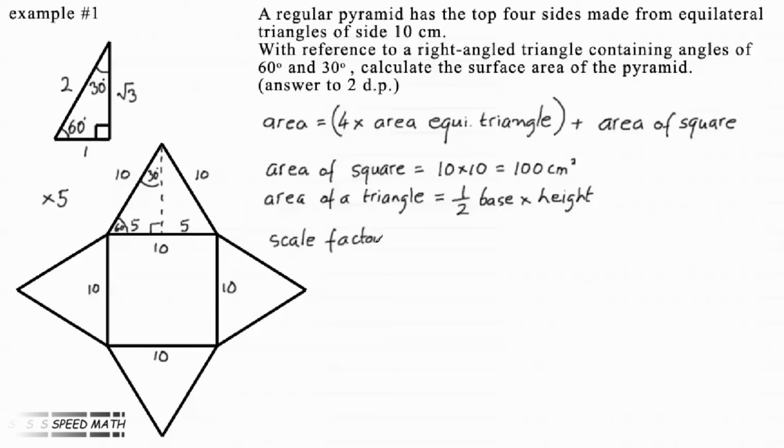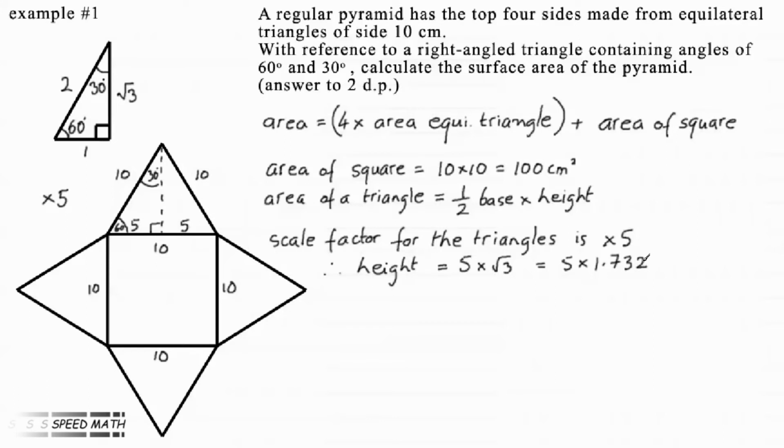Now the scale factor, as we saw earlier, for the triangles is a factor of 5. So the height is equal to 5 times root 3, which is 5 times 1.732, which comes to 8.6603.